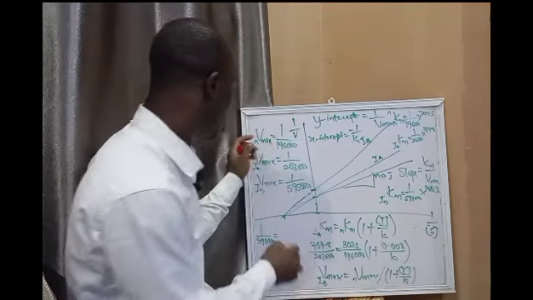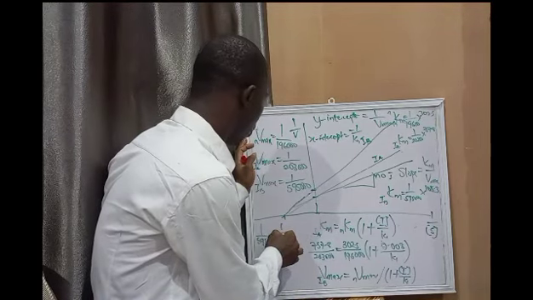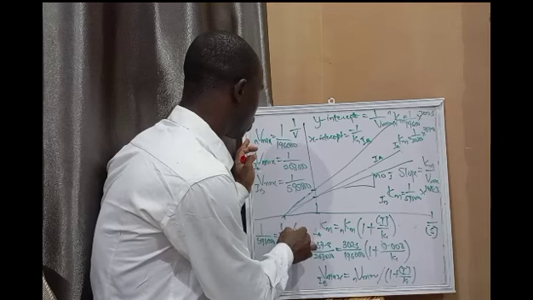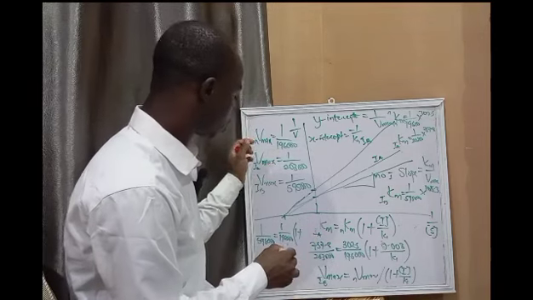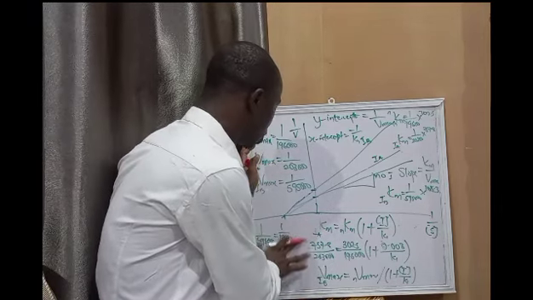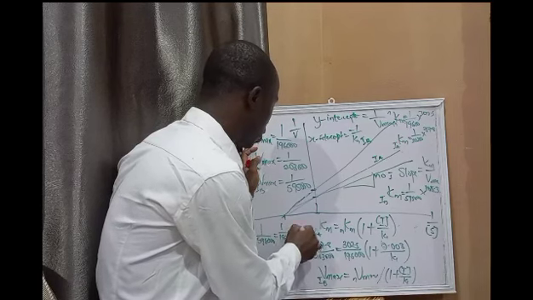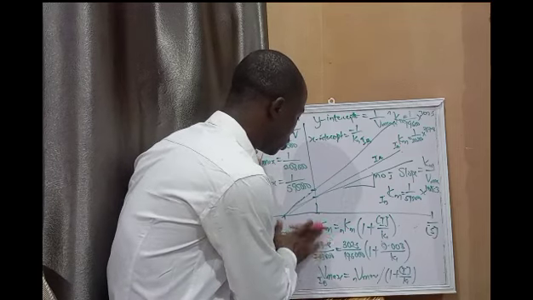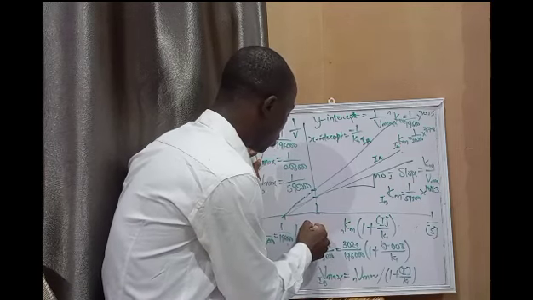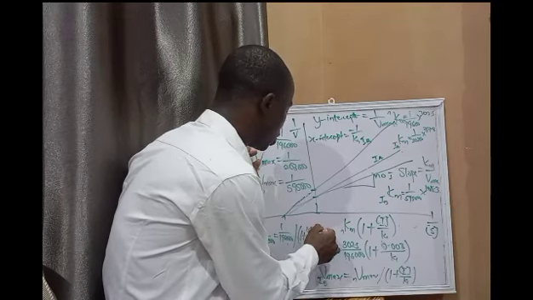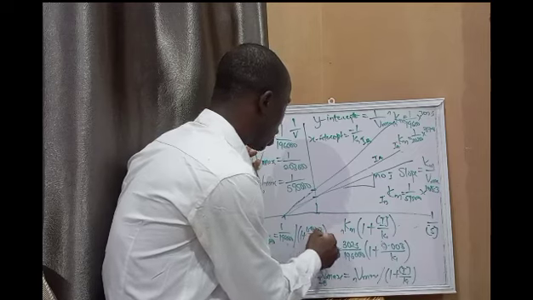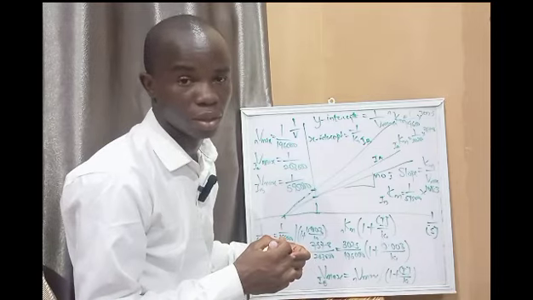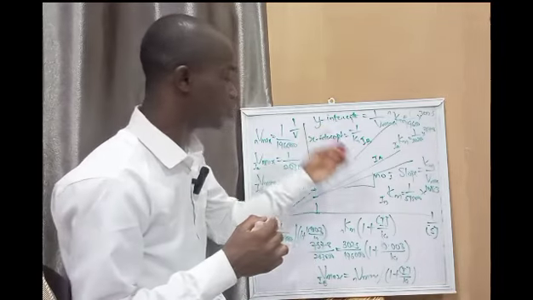From what we have, that's 1 over 196,000, divided by 1 plus 0.008 over Ki, and then you can get the Ki for inhibitor B, and that's how to get your Ki.